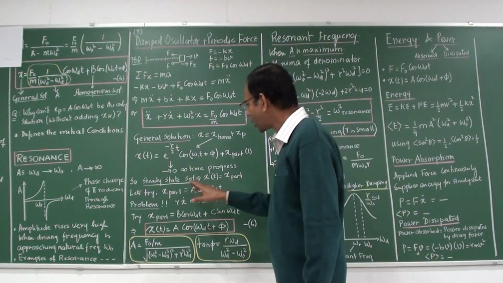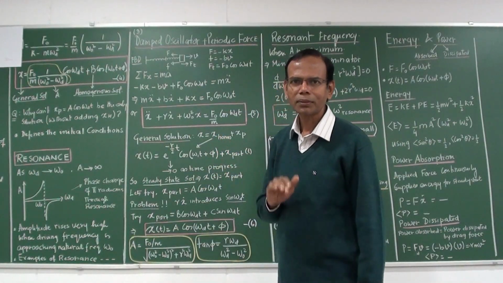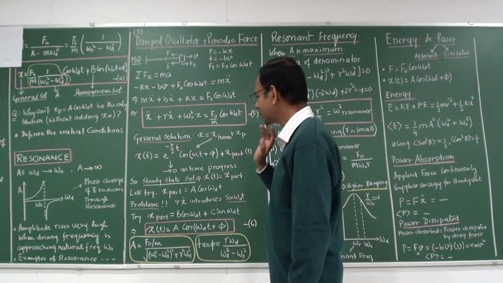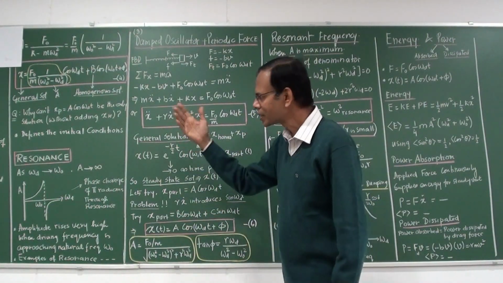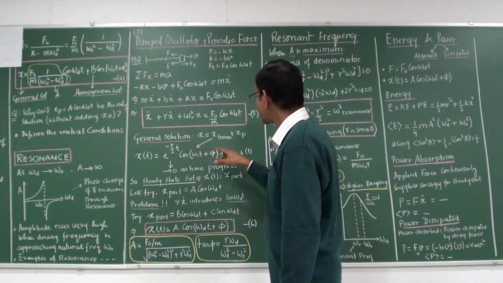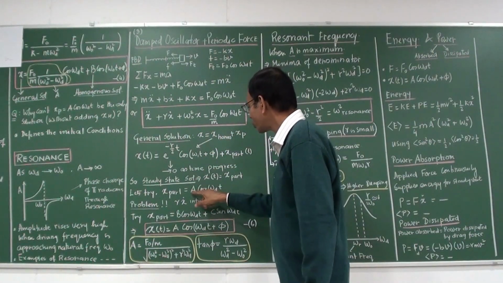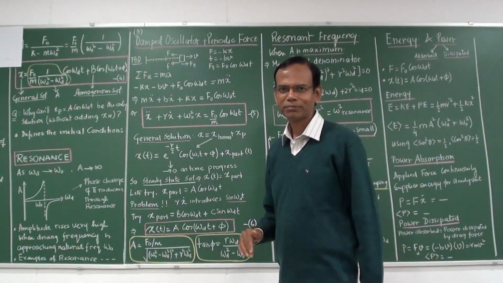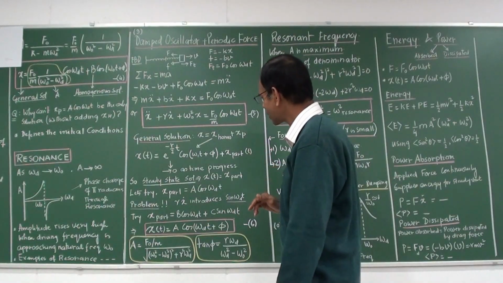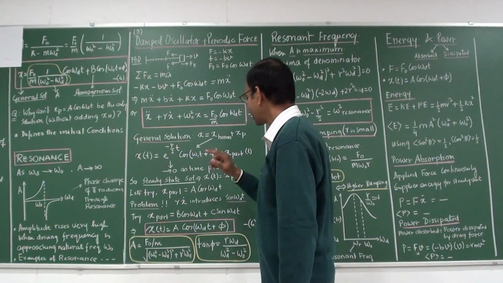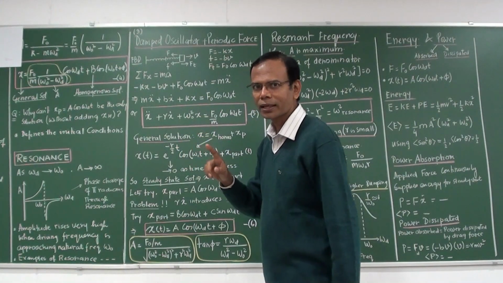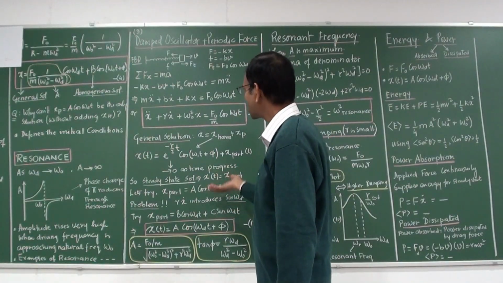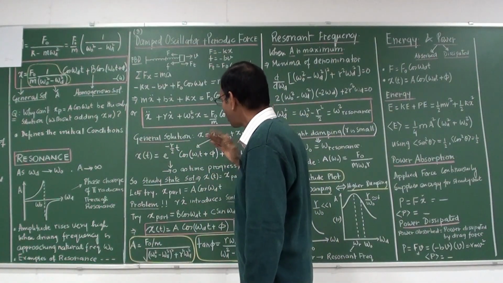Fine. Now, what will be the x particular? Let us see. x particular will be a cos omega d t. Again, the same principle, same logic: since the right hand side is cos omega d t, we have chosen a cos omega d t. But here there is a problem. In the earlier case it was not there. Here, x double dot is perfectly fine, the cos omega d t will come back.